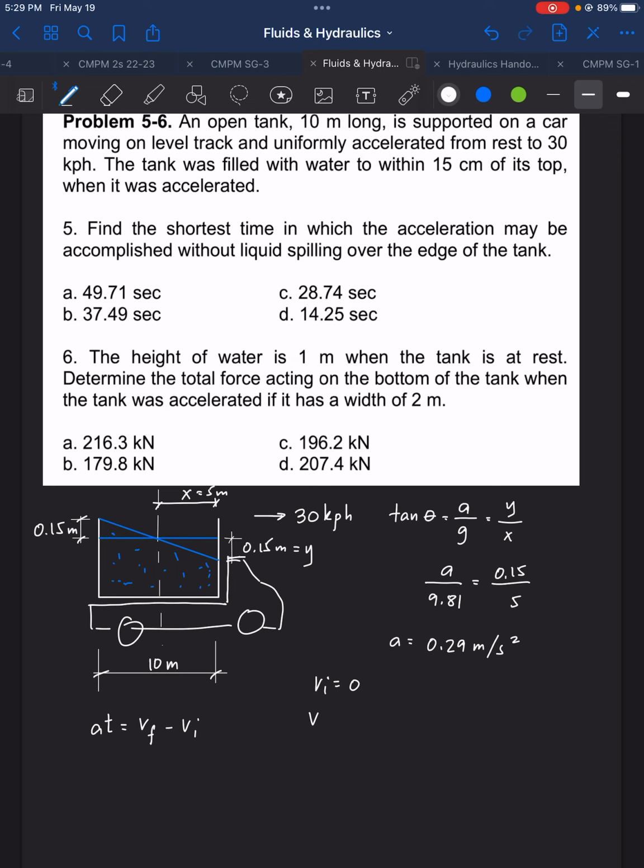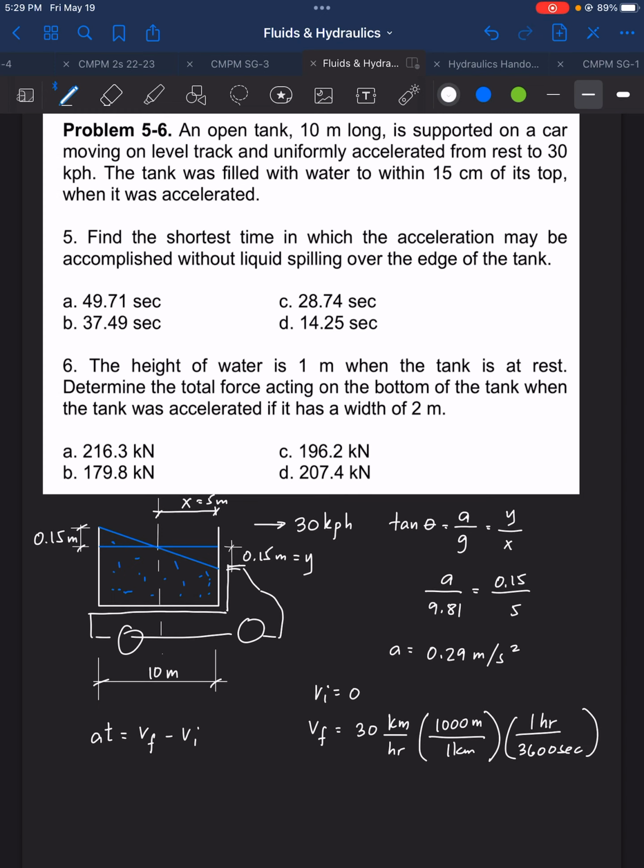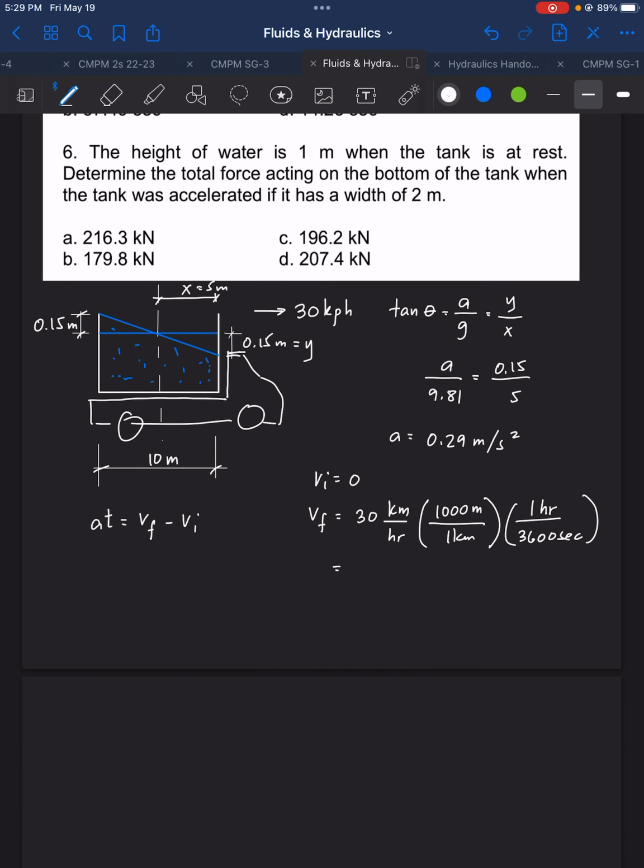And for the final velocity, we will use the 30 kilometers per hour given in the problem. So we have 30 kilometers per hour multiplied by 1,000 meters in every 1 kilometer, and 1 hour is equivalent to 3,600 seconds. So we have now final velocity equals 8.33 meters per second.